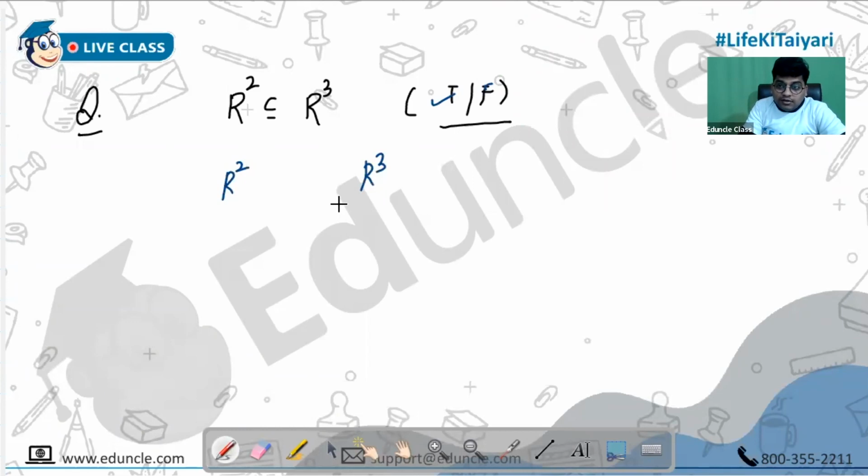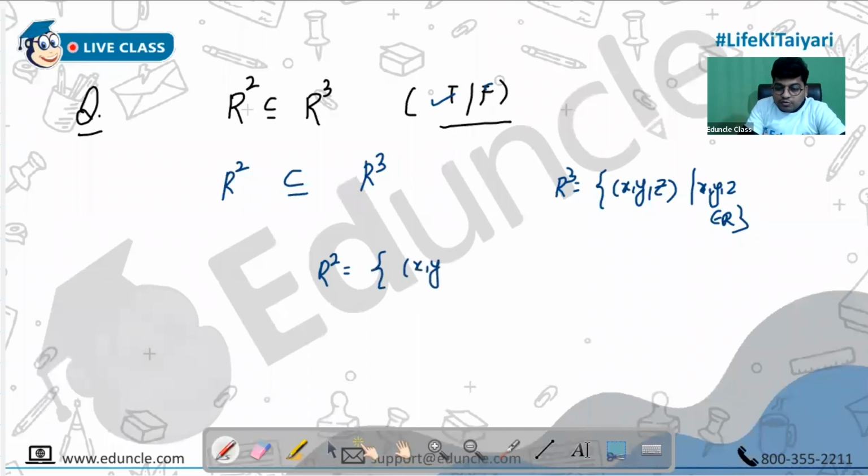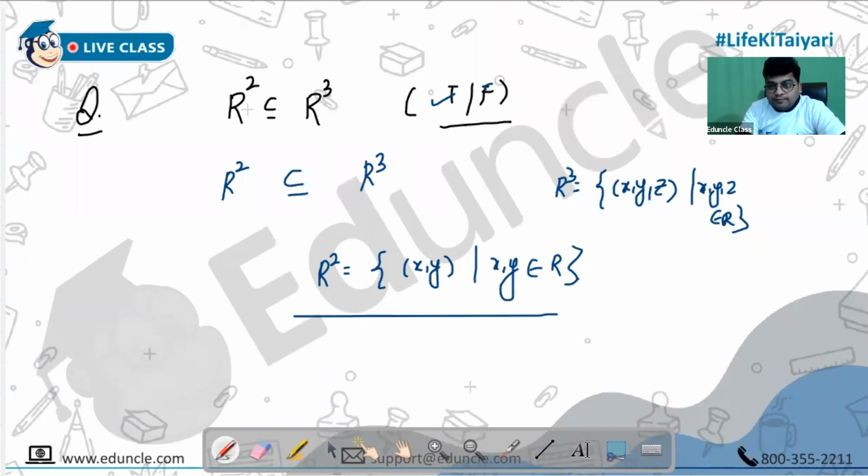R cube has the structure (x, y, z), where x, y, z are real numbers, and the subset R square is (x, y) such that x, y belong to R. You can understand this point. Am I clear? So this is not a subspace.